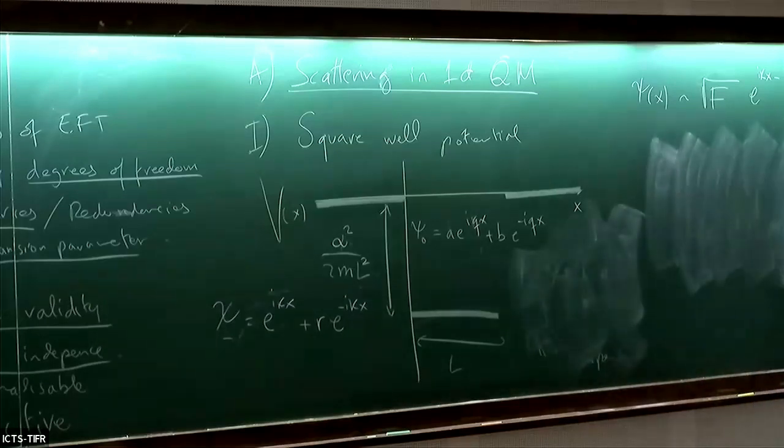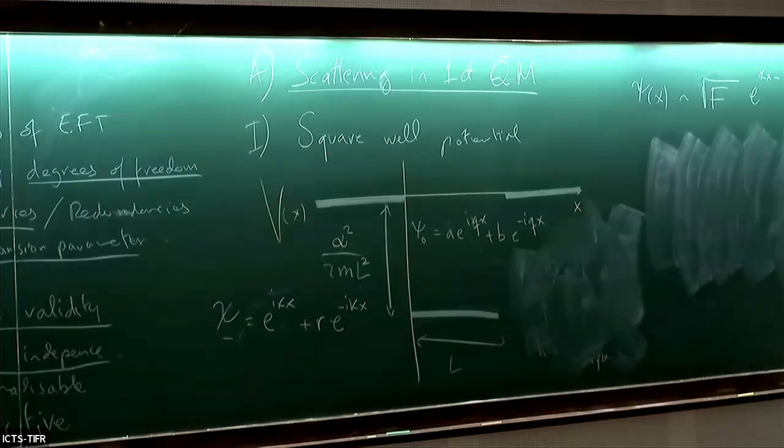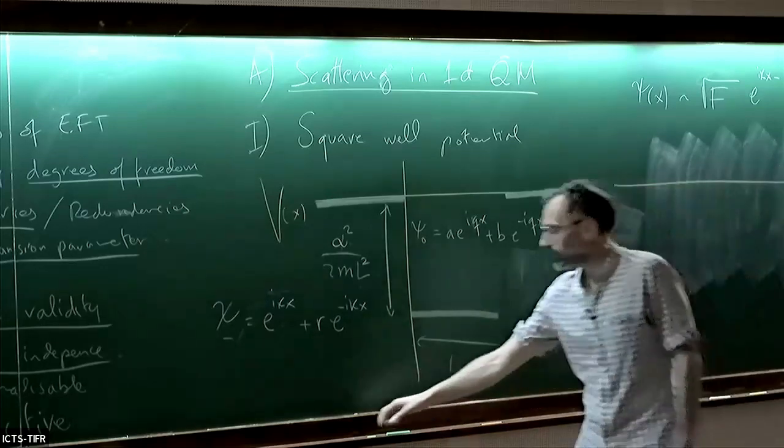So as long as it gives something that in the L equal to 0 limit looks like a delta function, we can describe it that way. Or we could have instead, say, why don't we have a potential that looks like this?